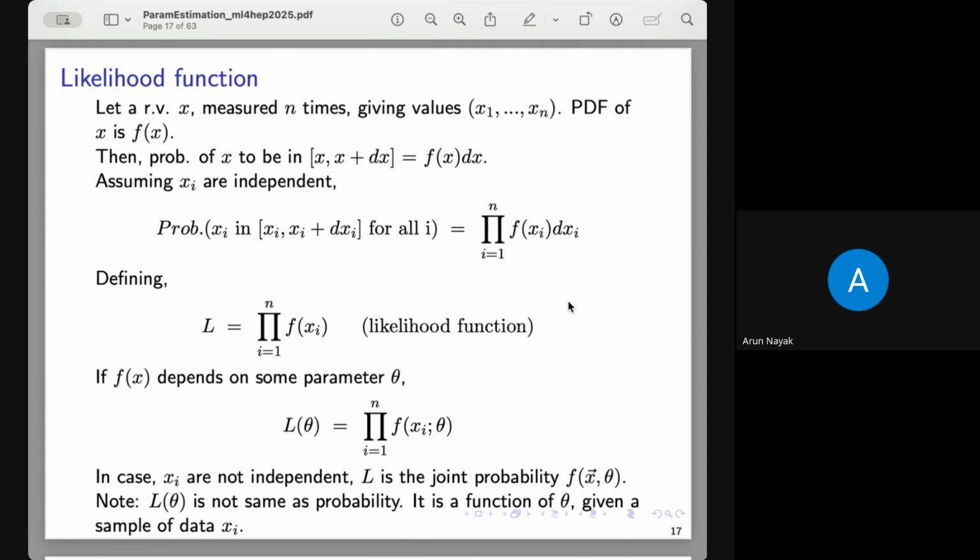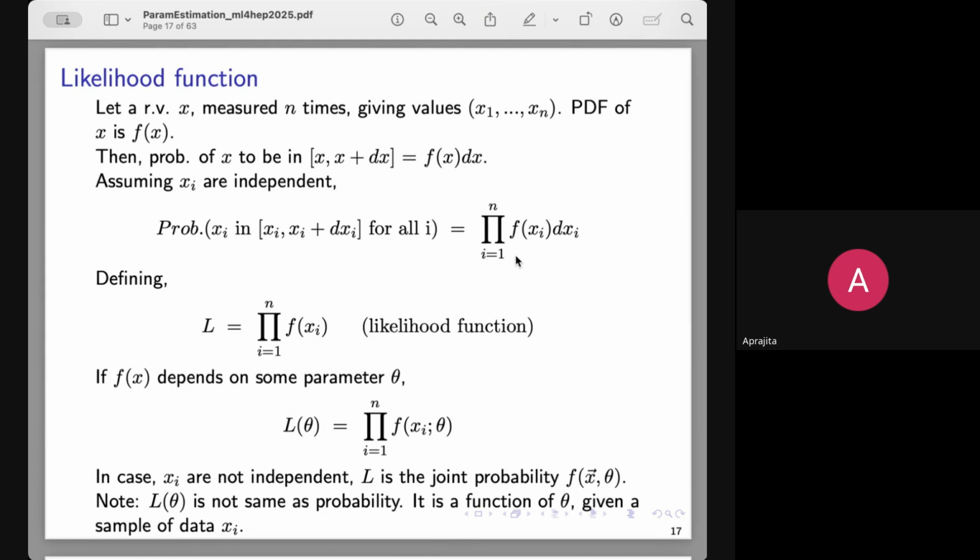So imagine this. Suppose you have this data set X. Suppose your hypothesis is correct, and the f of x that you consider is correct. Then, obtaining this data set, the total probability should be the maximum probability, isn't it?